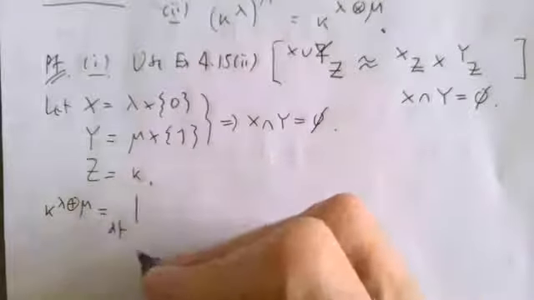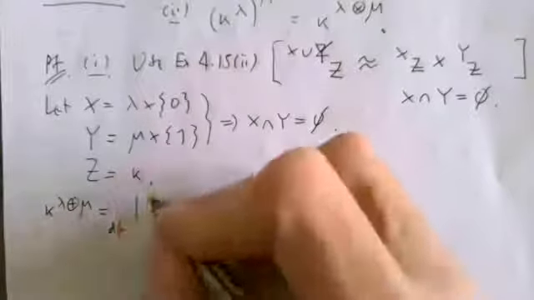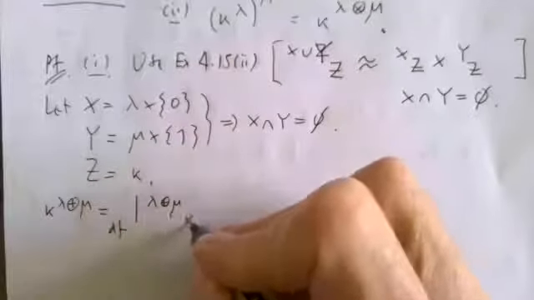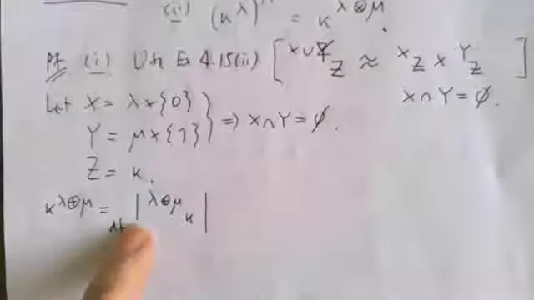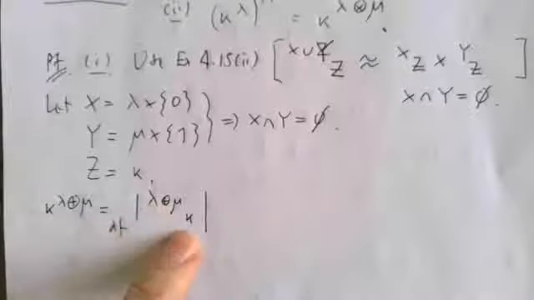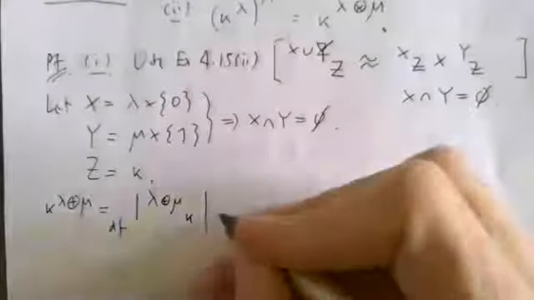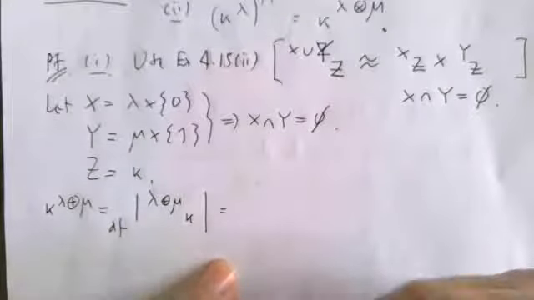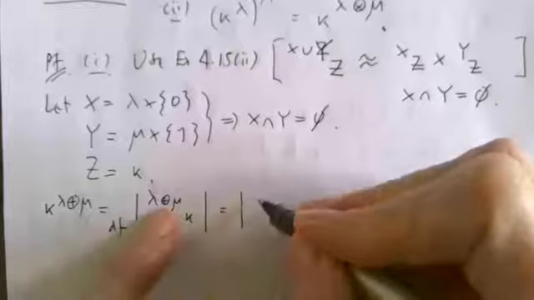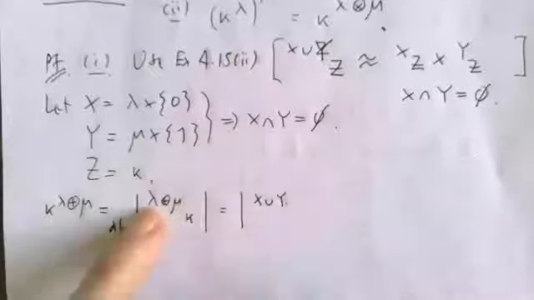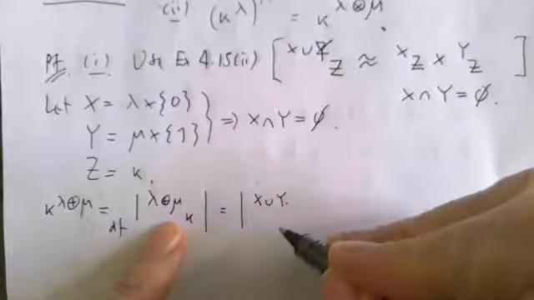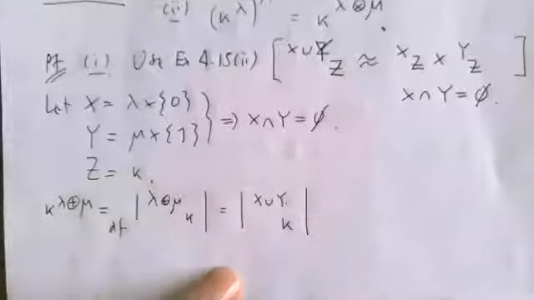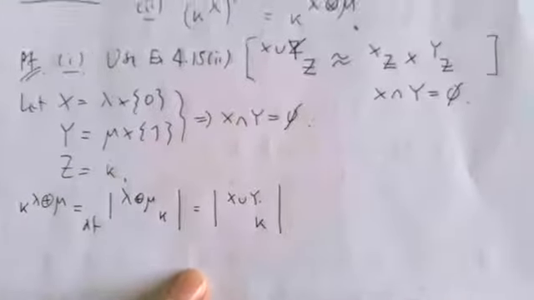So by definition, this is the cardinality of the set of functions from this into this here. Well, here's a set of size, this cardinality here. I kept kappa downstairs, not particularly sure why.